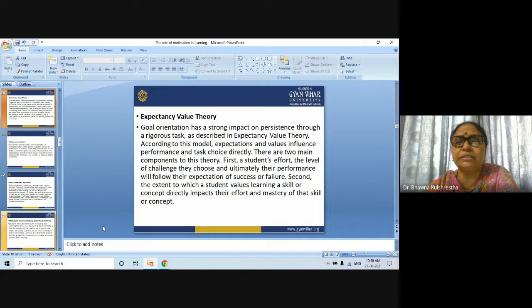In expectancy value theory, expectations and values themselves are influenced by beliefs about one's expectations and by beliefs about the difficulty of the task.